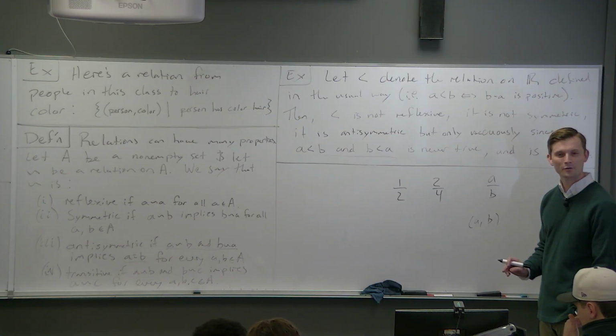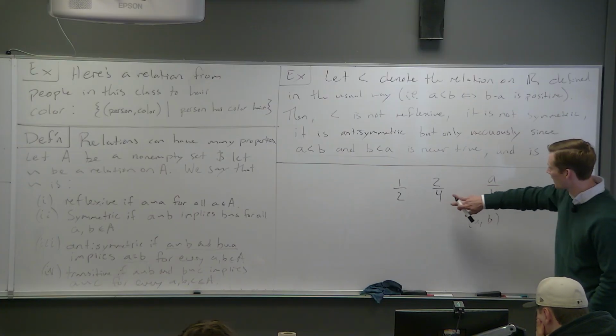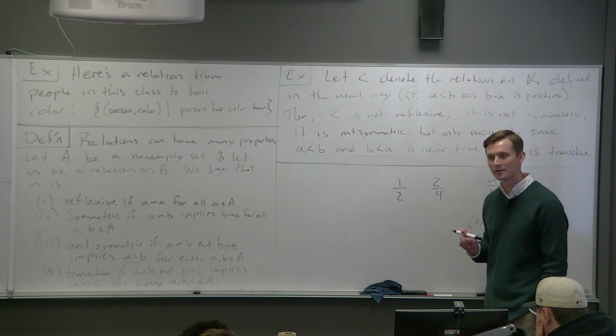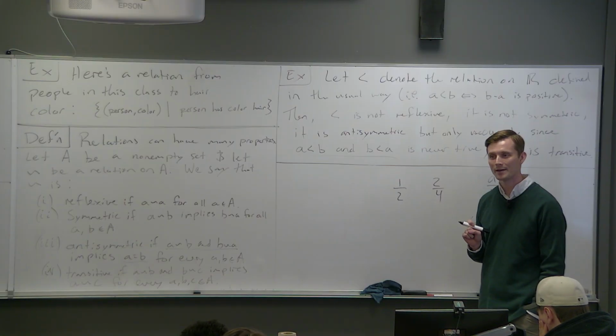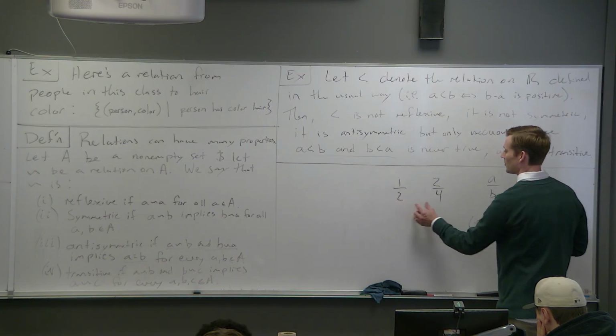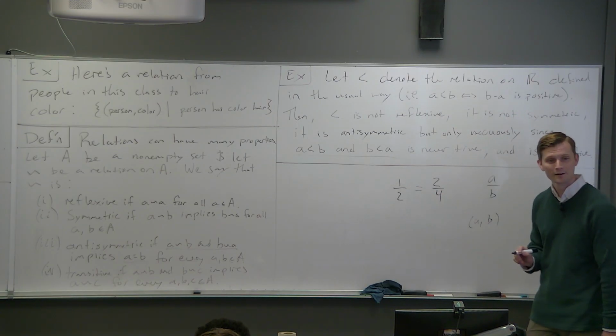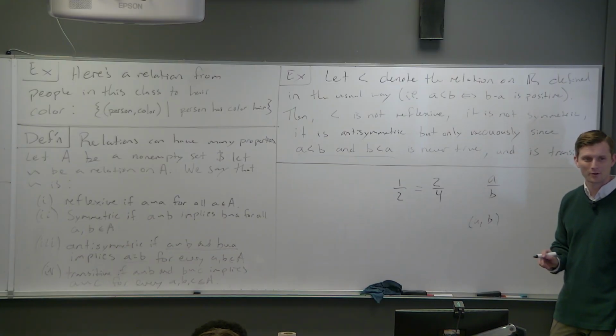But somehow we have some sort of a special relation on pairs that makes these two things represent the same thing. We've made a relation on pairs that identifies these two things as the same. That is, we can write an equal sign here, and we all know what that means. We say, okay, that's the same number.